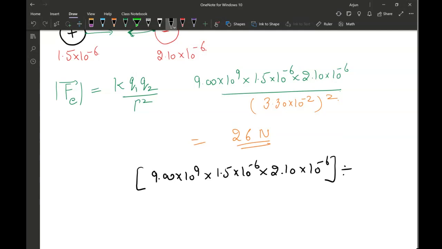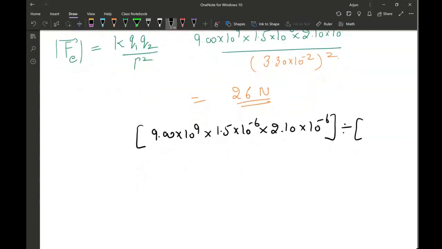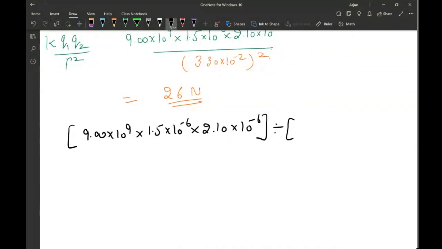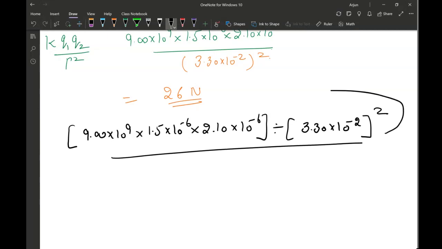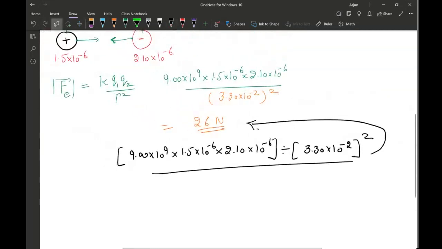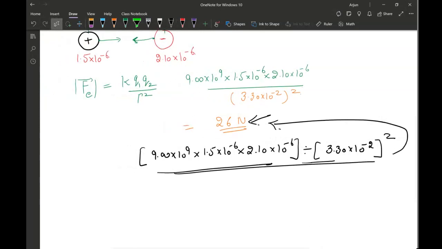Then press divide and start another bracket, start with 3.30 times 10 raised to the power negative 2, close this bracket and then square it, and surely you're going to get the answer as 26 newtons. If you don't know how to do the calculation, apply this process and you will surely be able to get the answer.